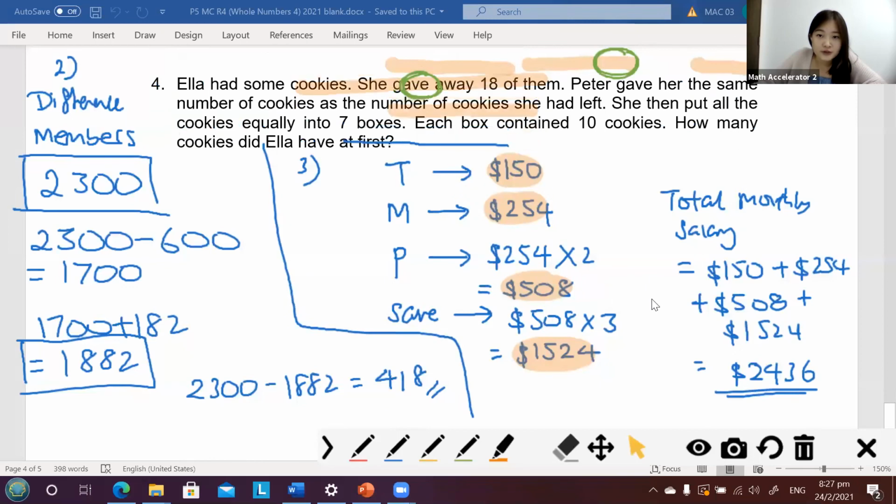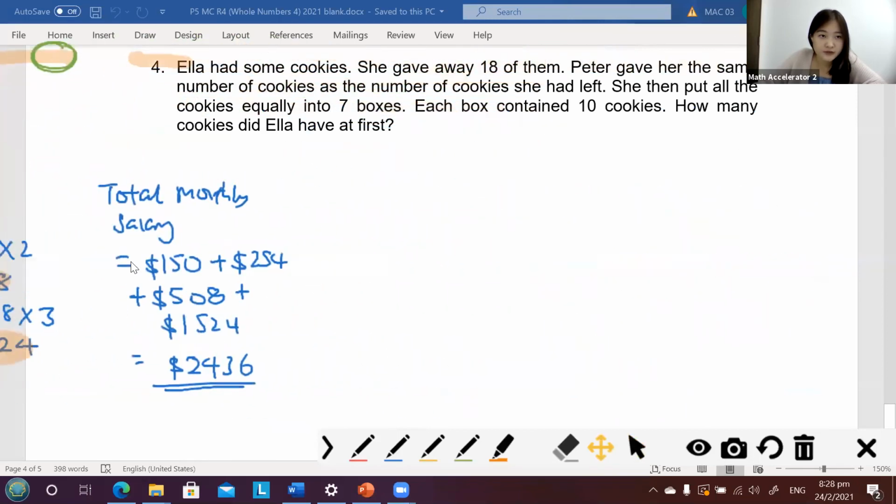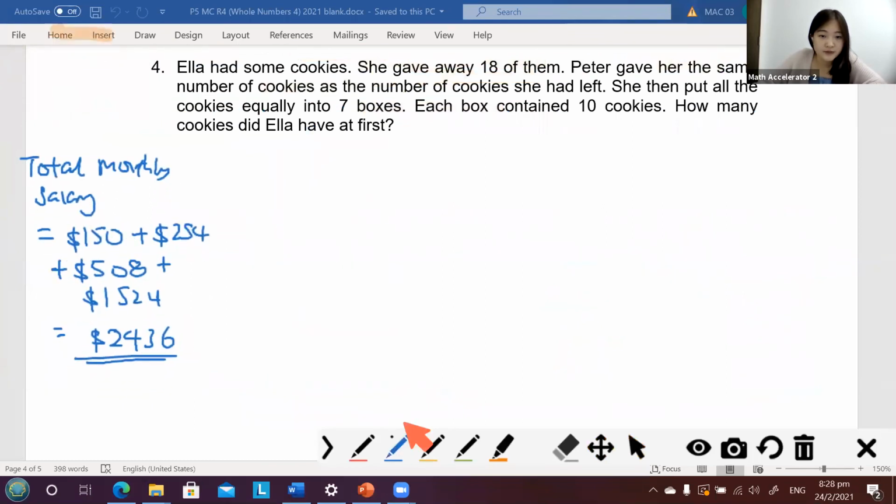Question 4. Let's do question 4. I'll leave this here if you still need it. Okay, let's read the question. Ella had some cookies. She gave away 18 of them. Peter gave her the same number of cookies as the number of cookies she had left.